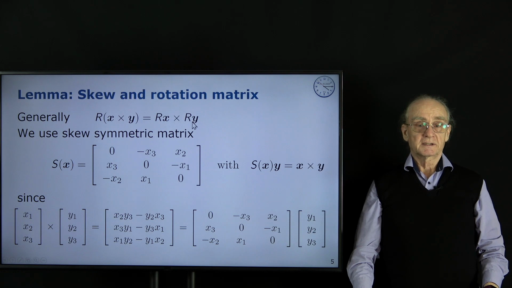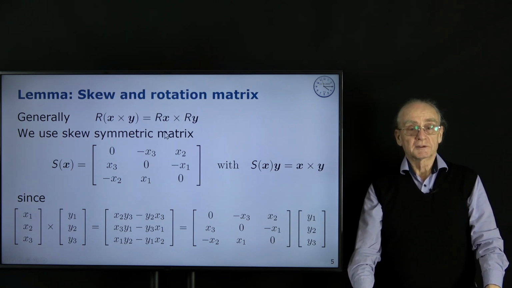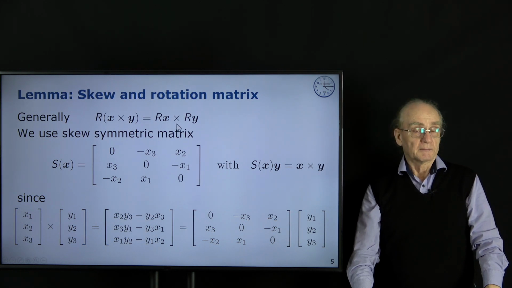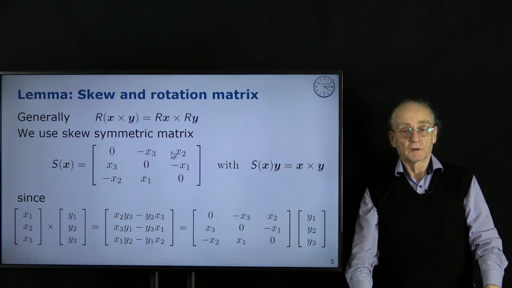Now, this doesn't help us much because we have no link of this product with the matrix algebra. Now, we use the skew-symmetric matrix of x, which is this matrix. So we have now here zeros on the diagonal as we expected, and we have non-zeros on the off diagonals, and we have opposite signs on the corresponding off diagonals.